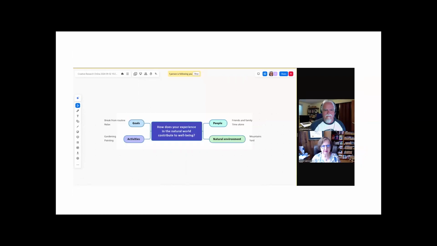Or maybe I create some categories here. So, instead of just having the very broad, unstructured question of how does your experience contribute to well-being, now I've given them a couple of buckets, shall we say, where they could post their responses.